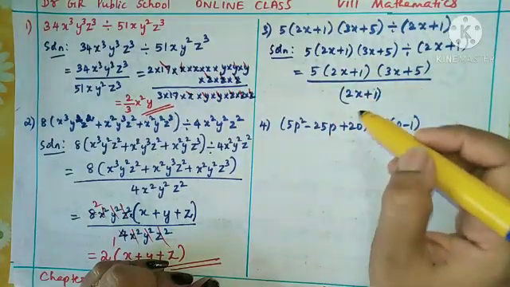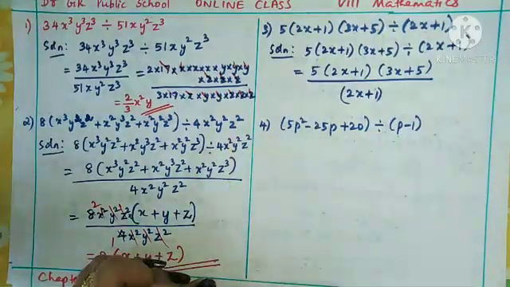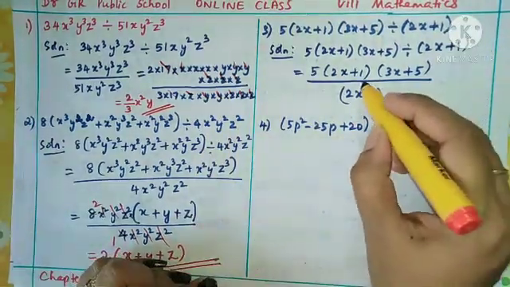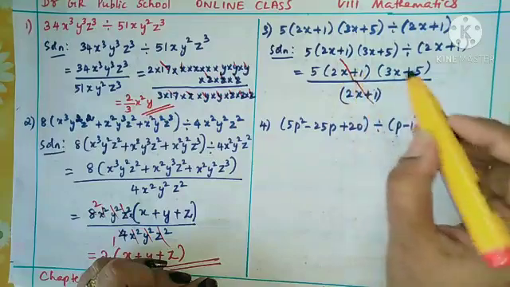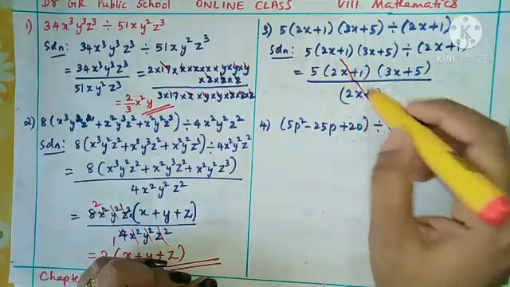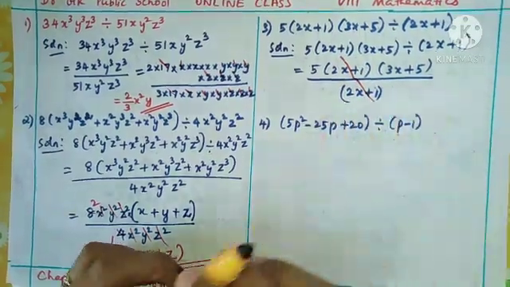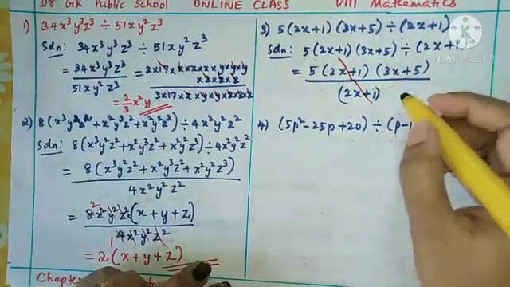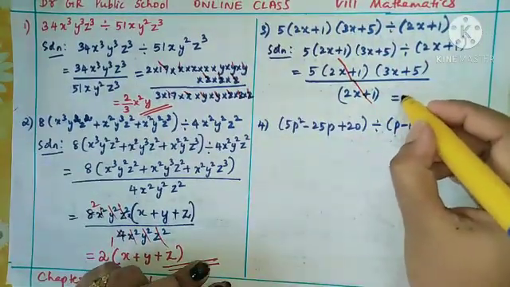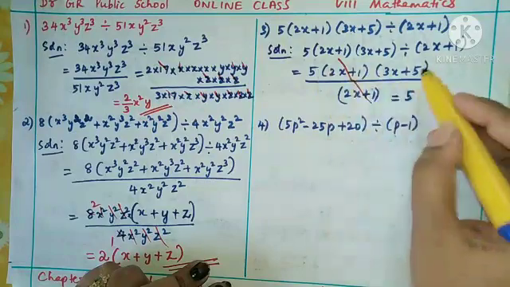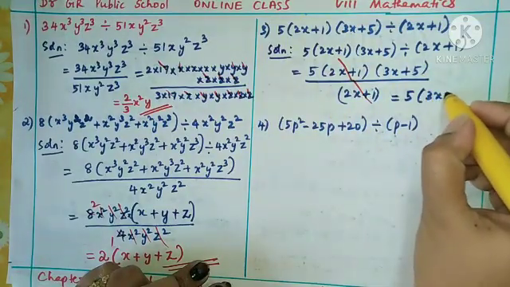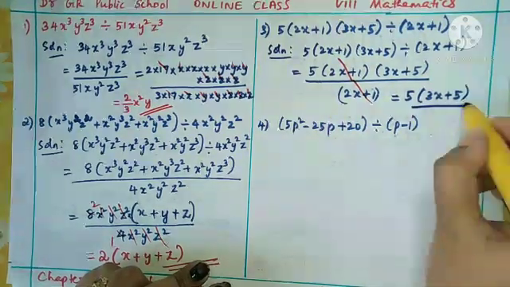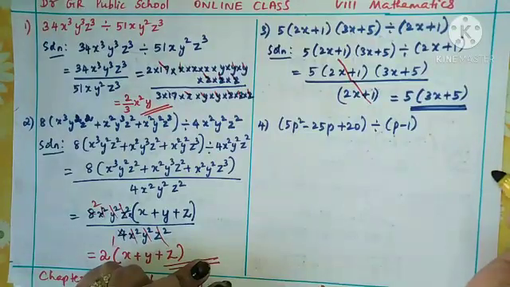Just do the simplified cancellation method. Here you see this 2x plus 1 term and 2x plus 1 term are equal terms, so they cancel. So the remaining of the numerator is 5 and bracket 3x plus 5. So this is the simplified form, that is the answer.